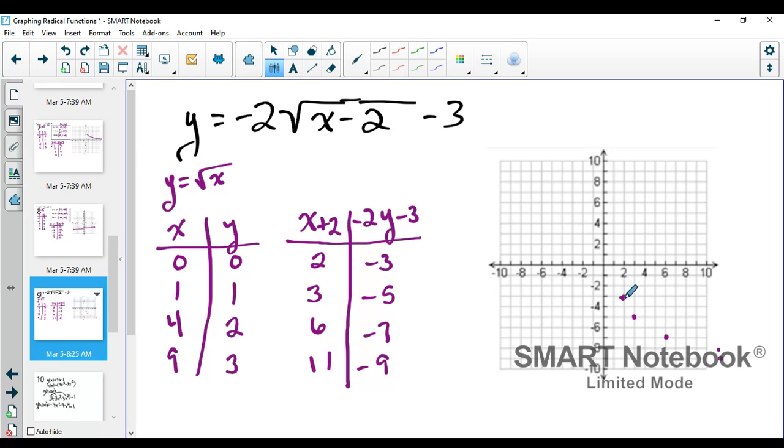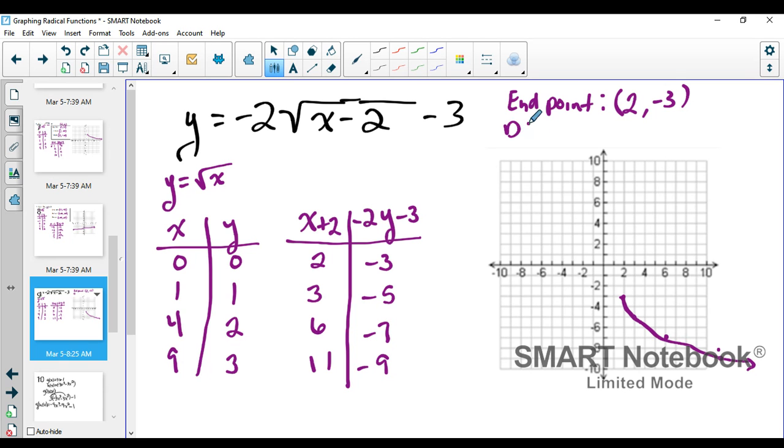So it looks something like this. Right? And if we want our endpoint, it's the opposite of h, so 2, and then k, which is -3.